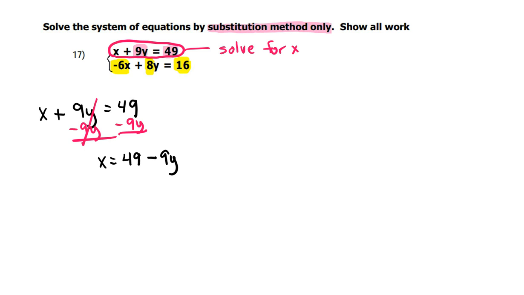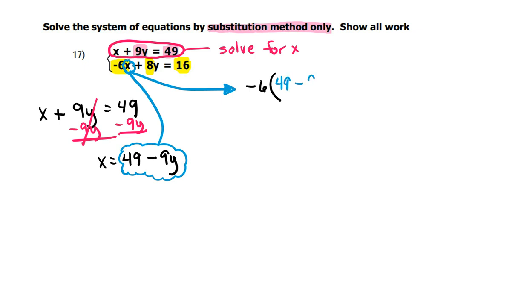So I did that, and now I'm going to take this, because this is what x is, and plug it into the other equation where its x is, so that you'll have -6 times, and in place of x, you're going to put the 49 minus 9y, plus 8y equals 16.